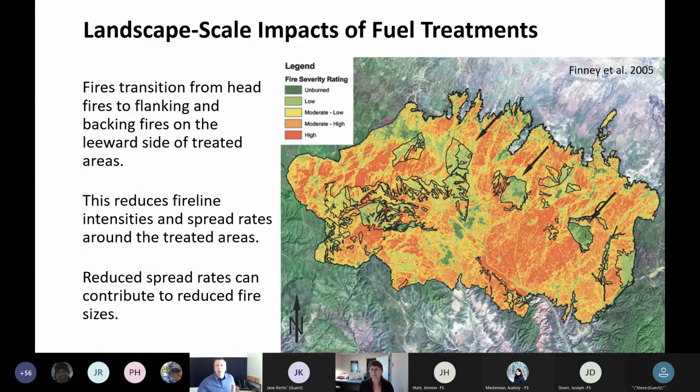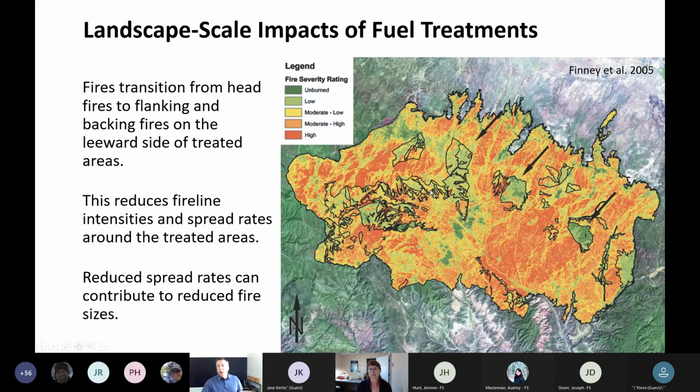So what we see is as fire burns across treated units, which in the picture over here are the black polygons, as fire approaches those treated units and then burns around them, as it starts burning around the sides and then filling back in on the leeward side of those treated areas, the fire behavior changes from a head fire, so that's a fire that's running downwind in the direction of the wind, to flanking or backing fires, which tend to burn at lower intensities and tend to spread at slower rates, right?